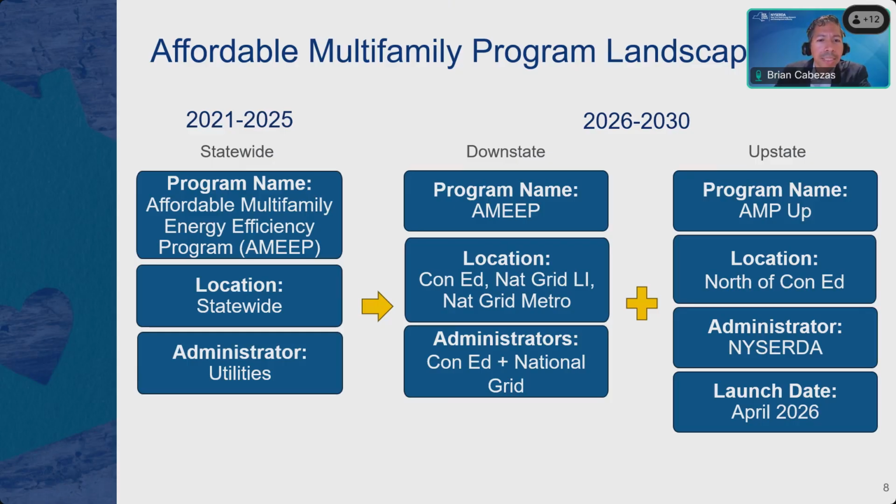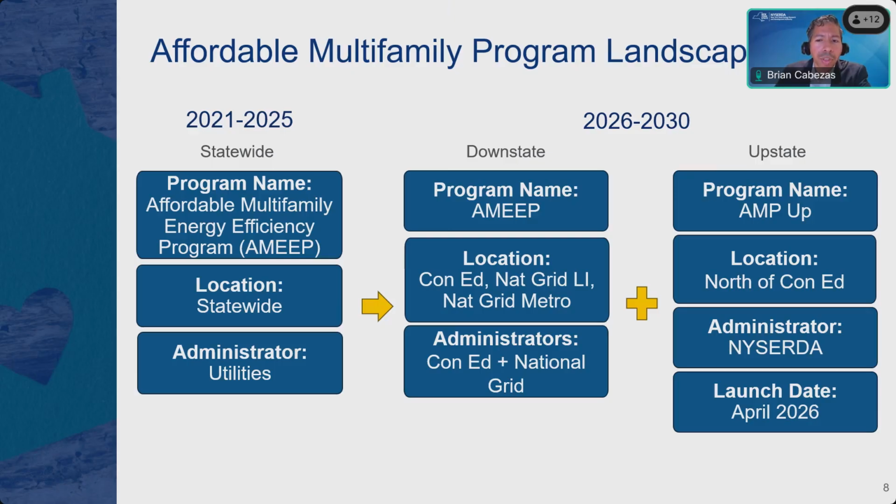Now in 2026 to 2030, that program will only serve the downstate market. And when we say downstate, we are specifically talking about the utility service territories of Con Ed, National Grid Long Island, and National Grid Metro. And the program administrators for AMEP are Con Ed and National Grid.